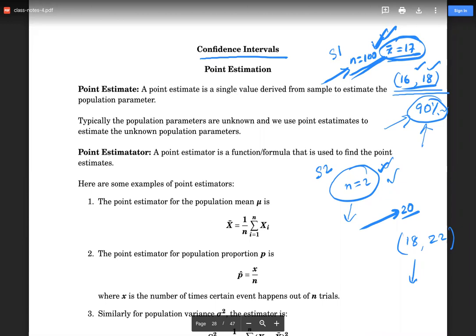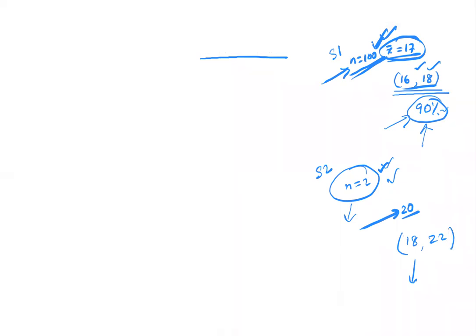Let me just take the background off. Nobody? Okay, I'll try to explain it.